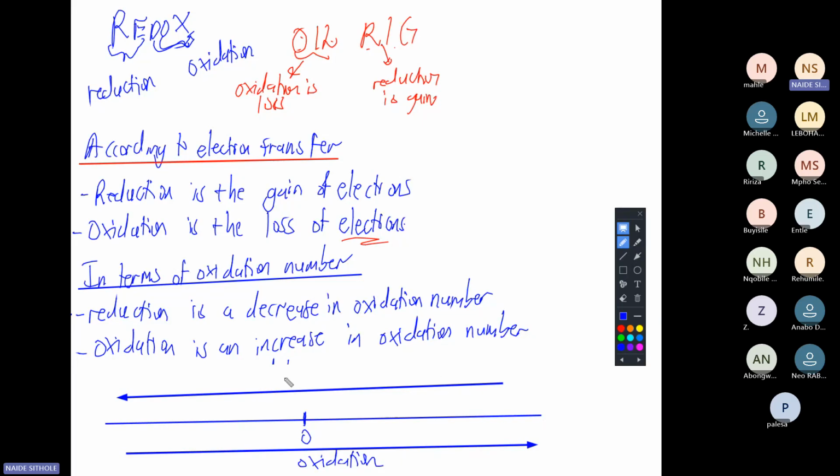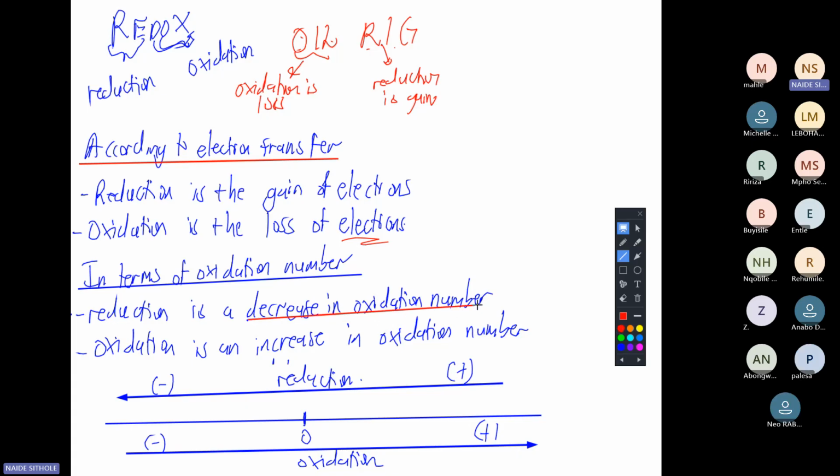It's an increase in oxidation number. Reduction is when you move from the positives to the negatives. From the negatives all the way to the positives, it's oxidation. So oxidation is an increase in oxidation number, while reduction is a decrease in oxidation number. Very important for you to note that.